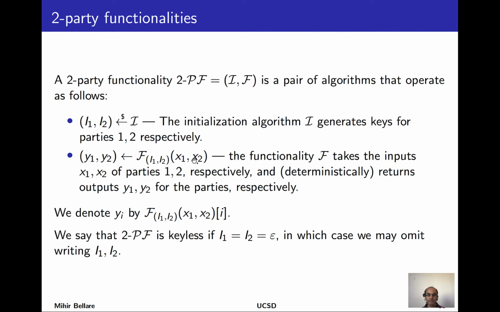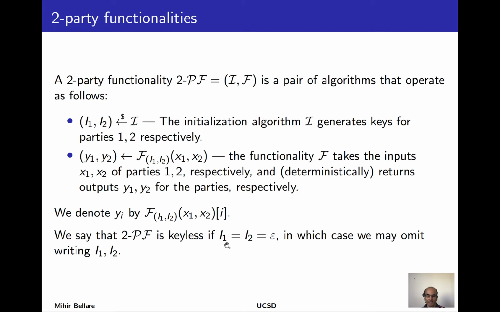Think of these inputs as changing in the sense that once the keys are in place, we may have many executions with different choices of these inputs. It's useful to denote the output of the ith party in this way. And also, while keys are sometimes useful, they certainly aren't always.